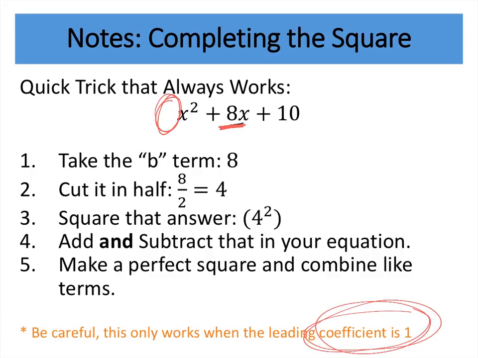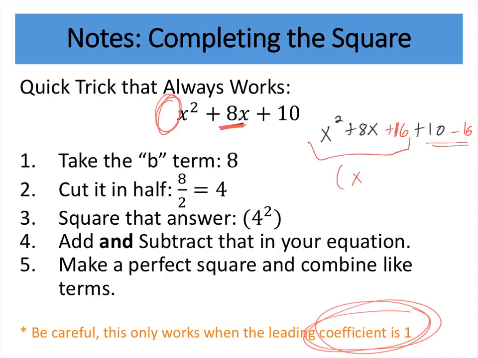So if I take the middle term, the b term, in x squared plus 8x plus 10, I cut it in half and square it. 4 squared is 16, and if I add 16 and subtract 16, this is my perfect square. That now is my perfect square, and this is the leftover stuff.